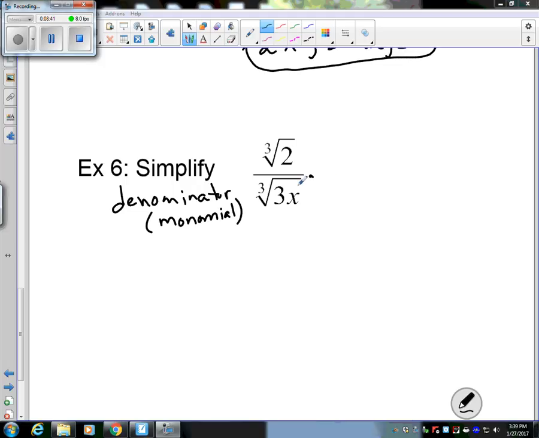So when it is a cube root, you're going to end up multiplying by 2 more of the denominator, the cube root of 3x. And what you do on the denominator, you have to do on the numerator. So multiply by the cube root of 3x over the cube root of 3x, and 1 more.